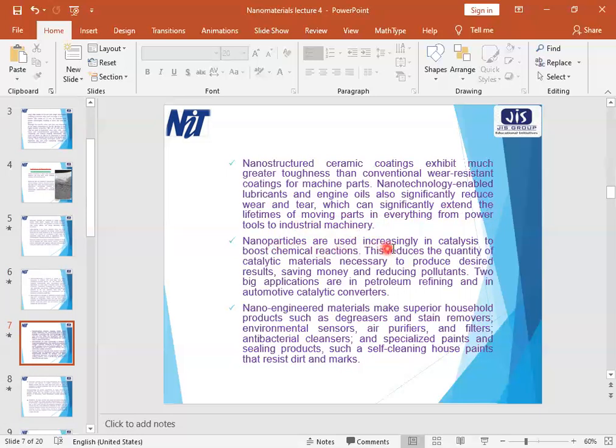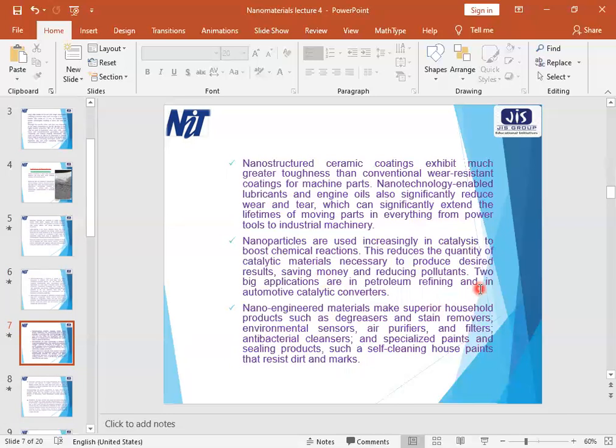Nanoparticles are used increasingly in catalysis to boost chemical reactions. I told you that they are used as photocatalysts. That means their use is going to increase as a catalyst to boost chemical reactions. You know, catalysts are the materials which can boost the chemical reactions or the rate of the reaction.